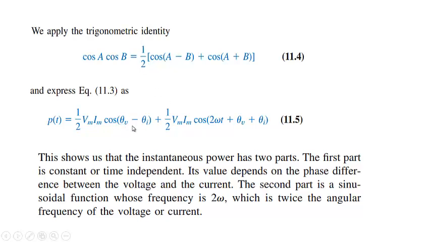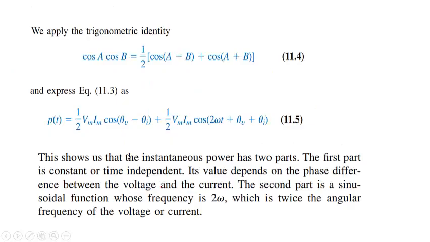This second part has a frequency of 2 omega, where omega is the frequency of the voltage or current. So the frequency of the whole p(t) will be 2 omega, that means twice that of the frequency of voltage or current.